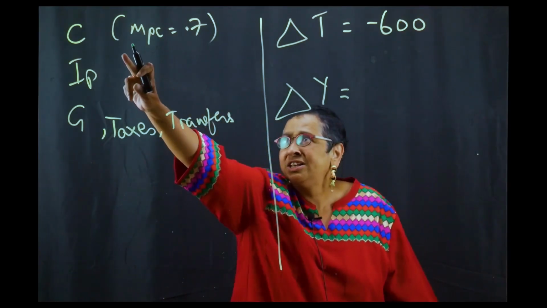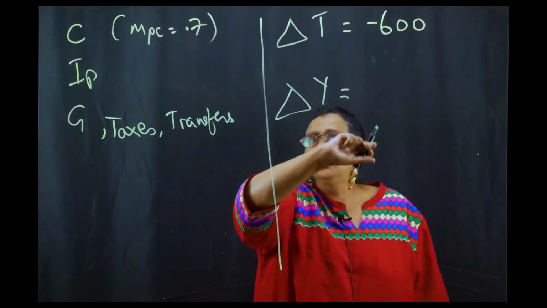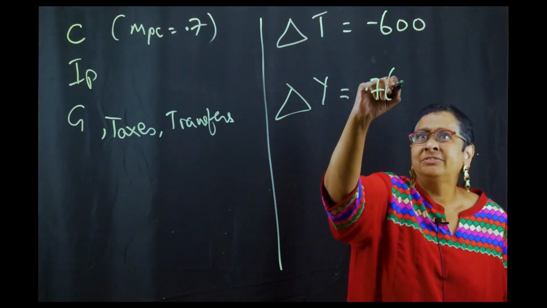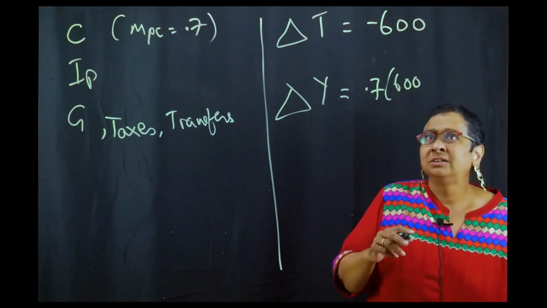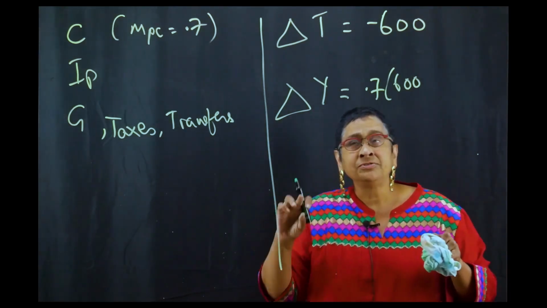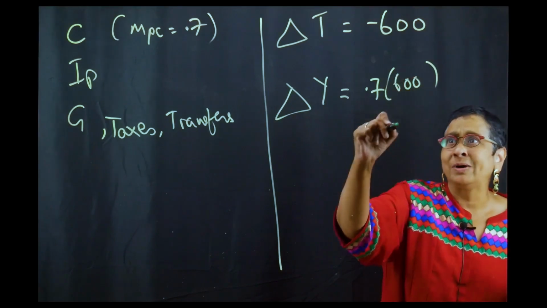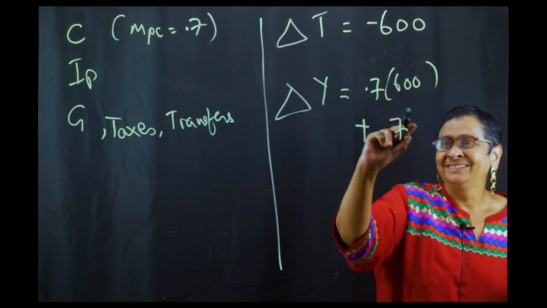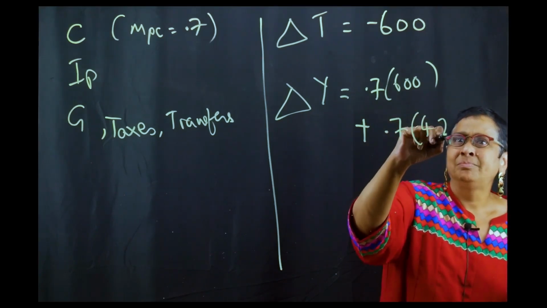The first impact is on consumption, and it's going to be 0.7 of that 600, all right? And that's 420. So the first impact is actually 420, plus 0.7 of that 420, plus and so on.